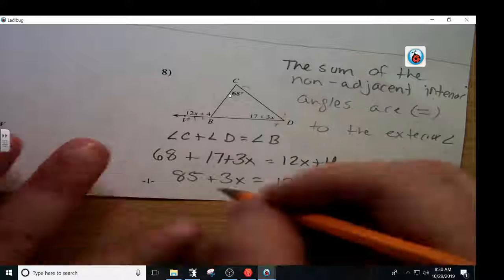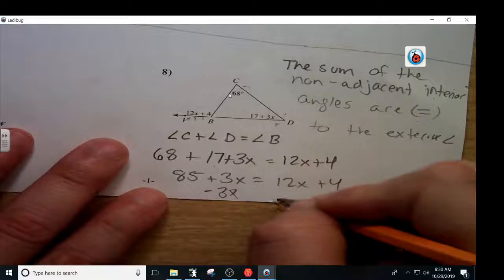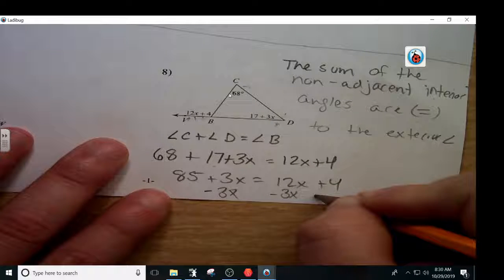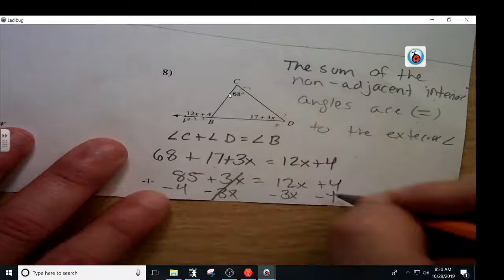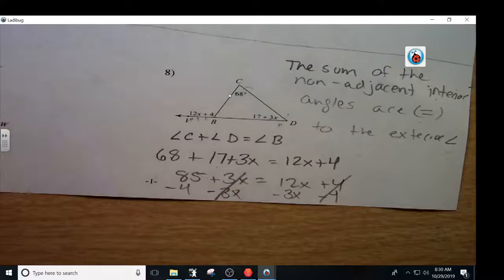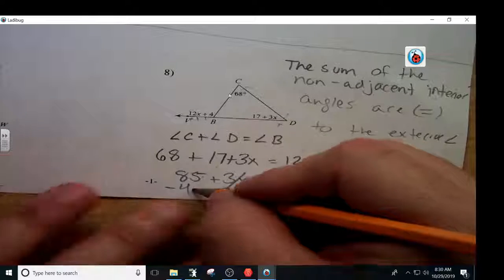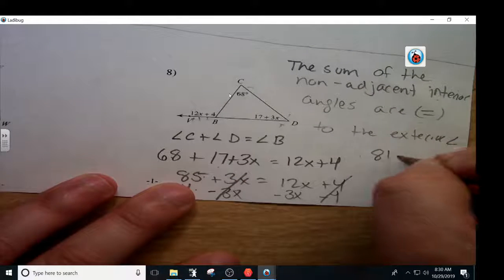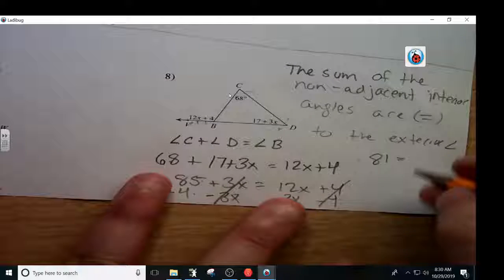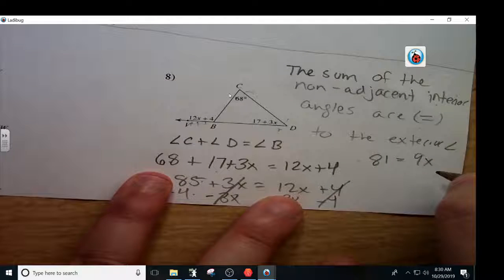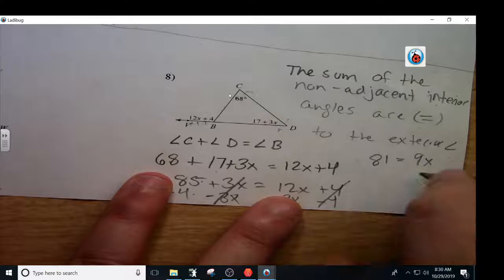So I'm going to subtract 3x here, subtract 3x here, subtract 4, subtract 4. So now, this cancels, that cancels. Now, 85 minus 4 is 81. And 12x minus 3x is 9x. All right, now, so divide by 9.